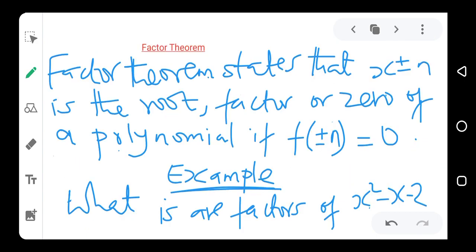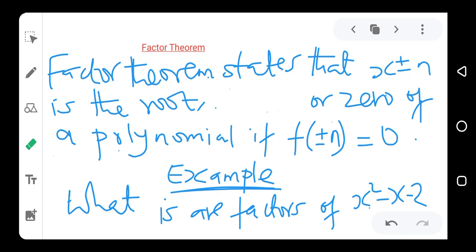So this is the formal definition for factor theorem. Factor theorem states that x plus or minus n is a root, factor or zero of a polynomial.